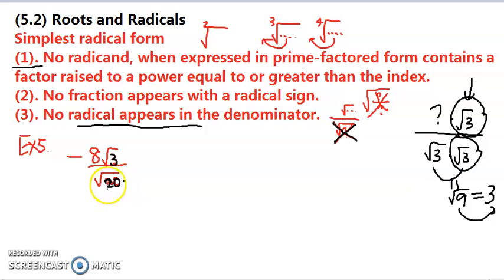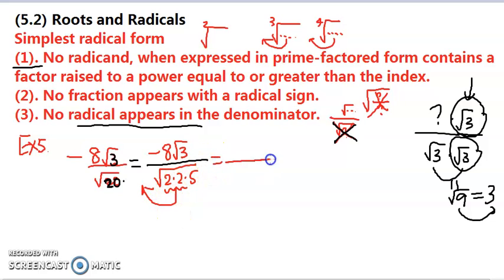And so I'm going to go ahead and simplify the bottom. We keep the top, -8 square root 3. For the bottom, 20, I can write it as 2 times 2 times 5, or as 4 times 5. And notice either 4 or 2 times 2 is a perfect square. That should come out of the radical sign.